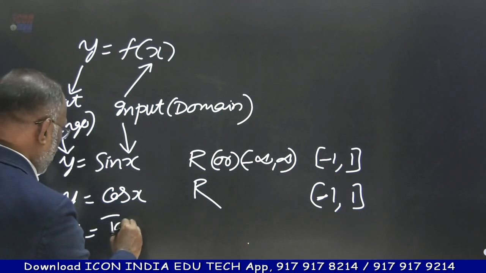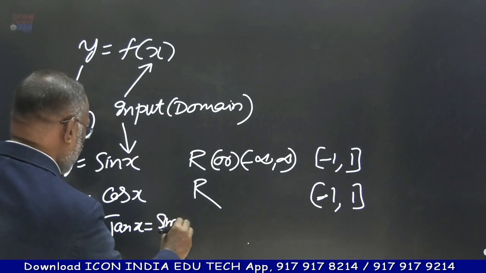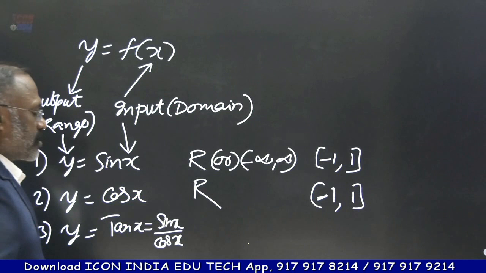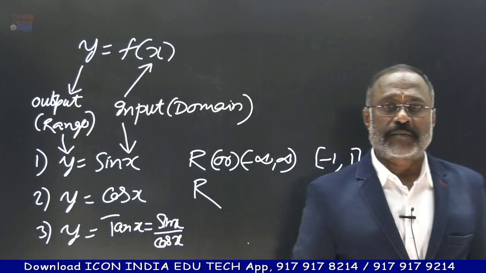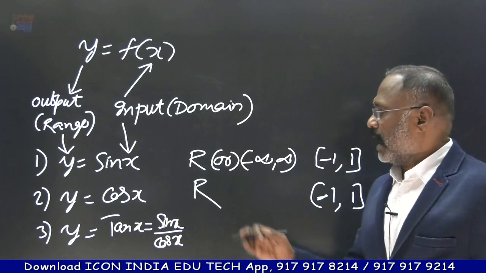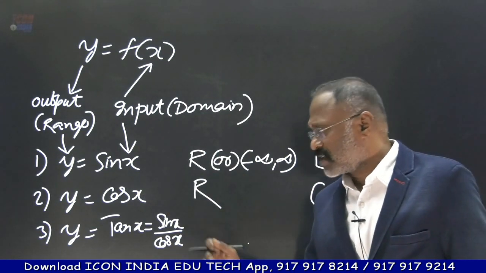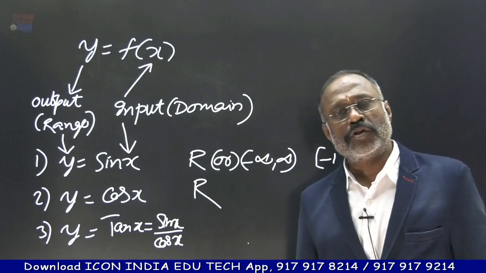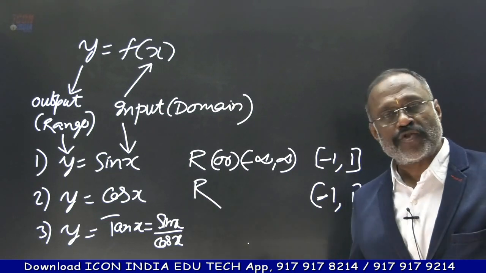Tan x, as you know, is nothing but sin x by cos x. When sin x by cos x is taken, it won't accept all the real numbers like sin and cos do. In this case, the denominator contains cos x, and you should not give those values to x which make the function undefined.